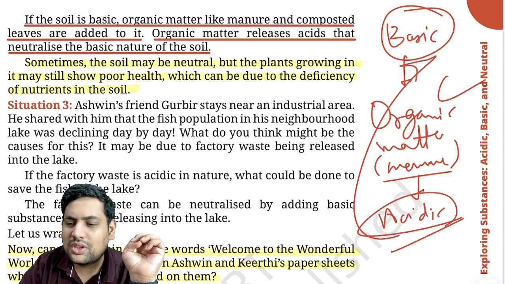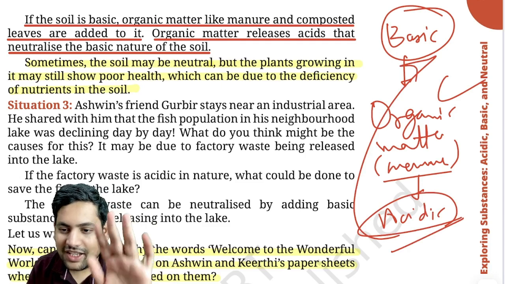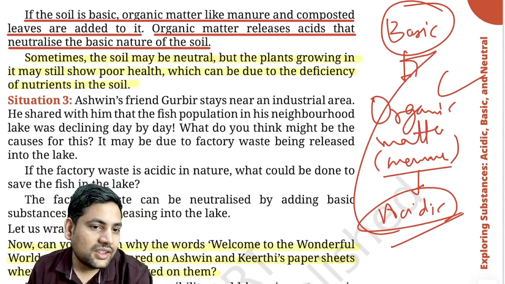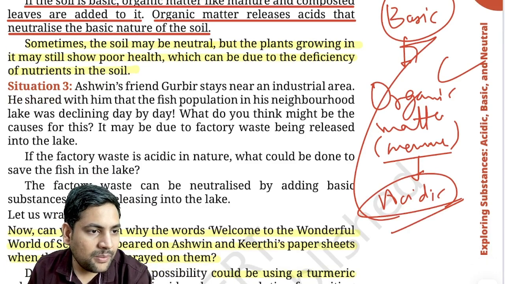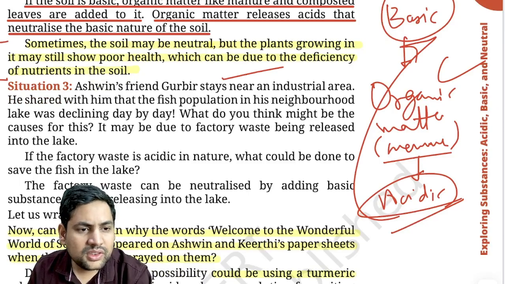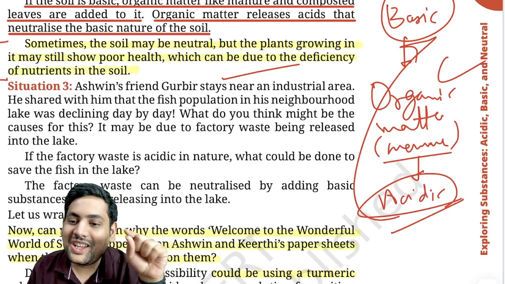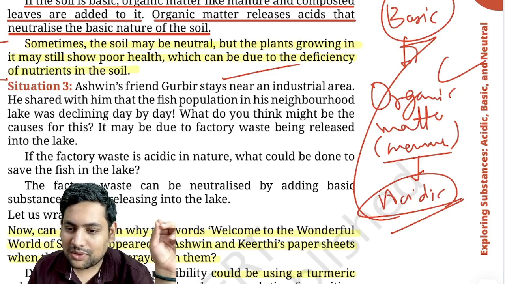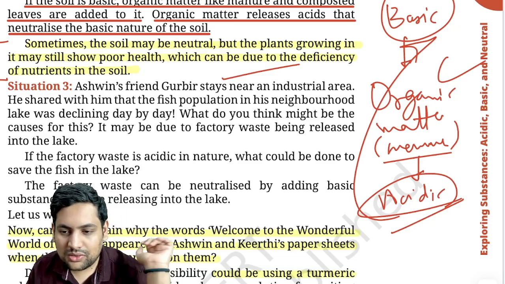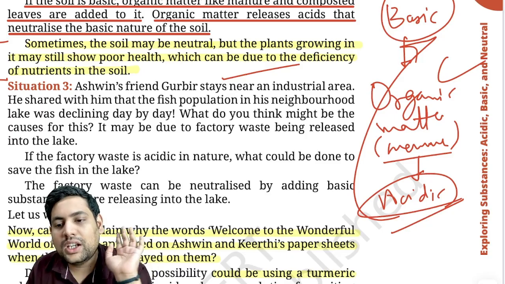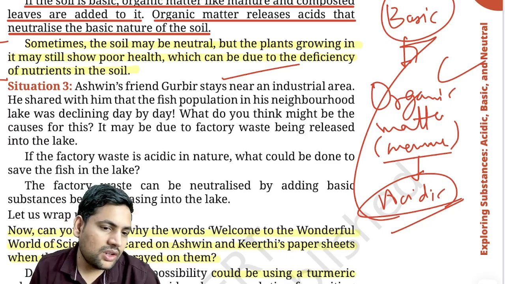Then it will neutralize the bases. Very simple. Now sometimes the soil may be neutral, but still it may be showing some poor health, which may be due to deficiency of some nutrients. So it is not always that acidic or basic is the only problem. There may be some other issues also, that some nutrient is not present at all, correct?